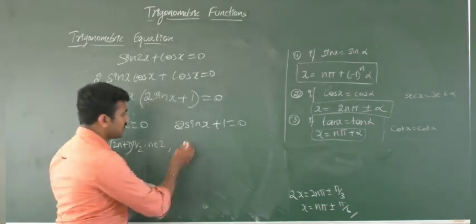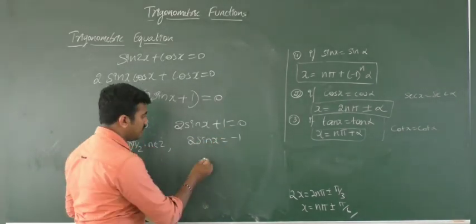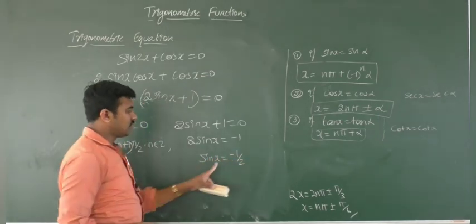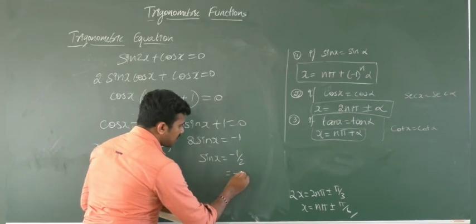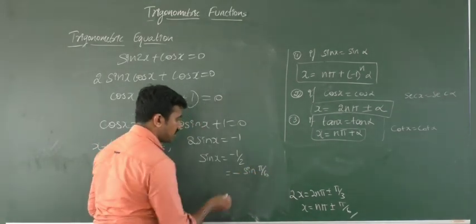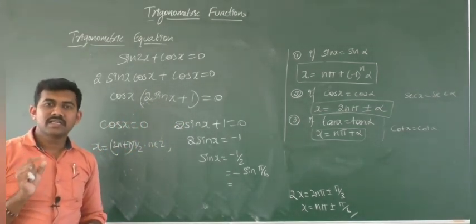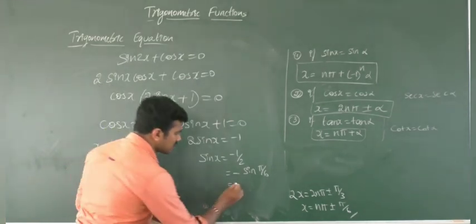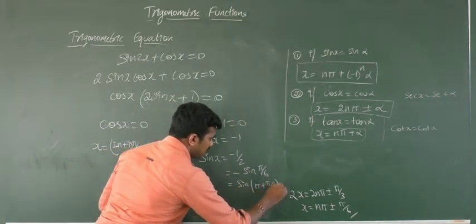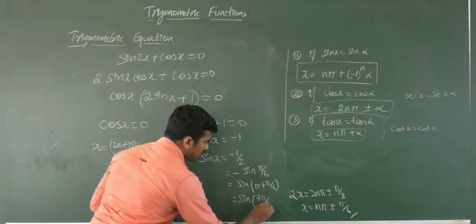Here we get 2 sin x is equal to minus 1, so sin x is equal to minus half. This can be written as minus sin of half, which is 30 degree, pi by 6. In which quadrants is sin negative? The third quadrant and the fourth quadrant. So this can be written as sin of pi plus pi by 6, and pi plus pi by 6 is nothing but 7 pi by 6.